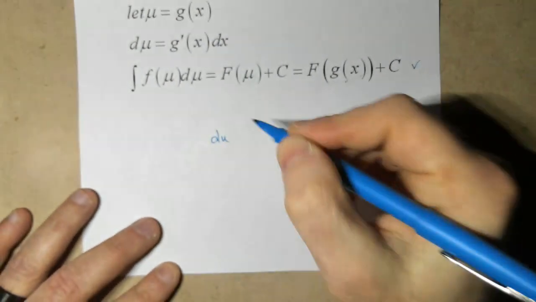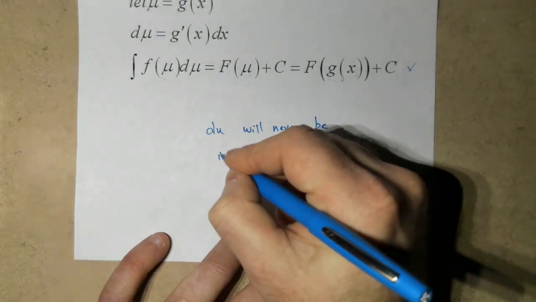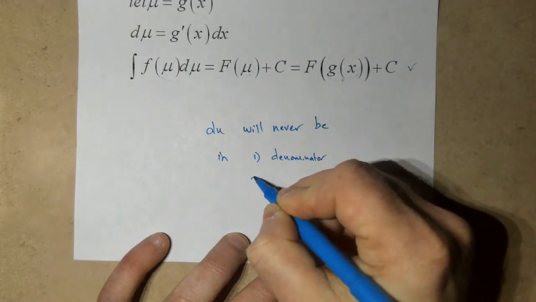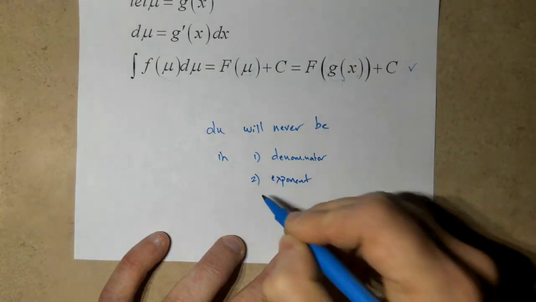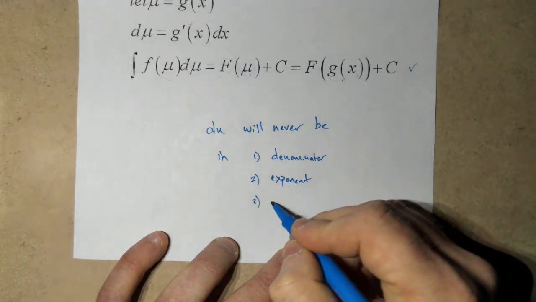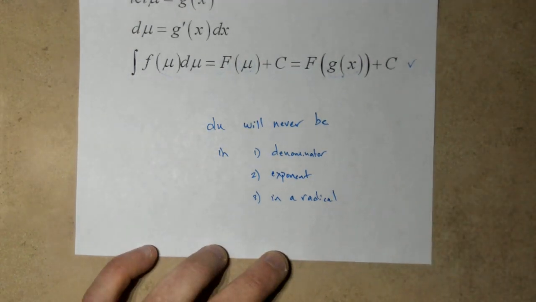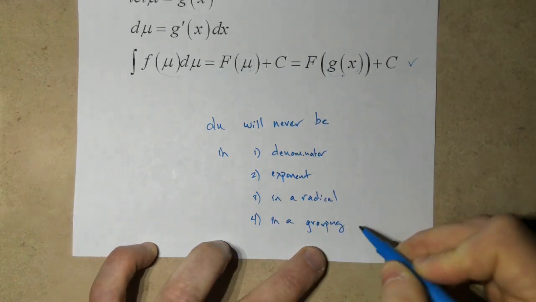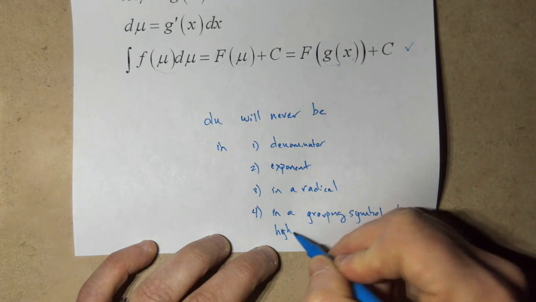Just know that in these scenarios, du will never be in a denominator, an exponent, a radical, or in a grouping symbol with a high exponent.